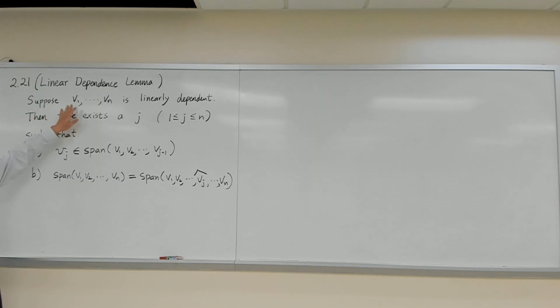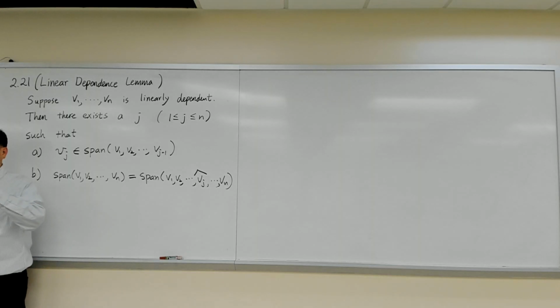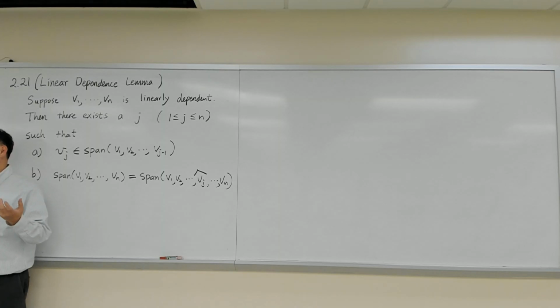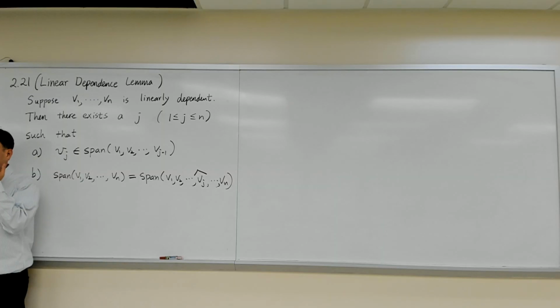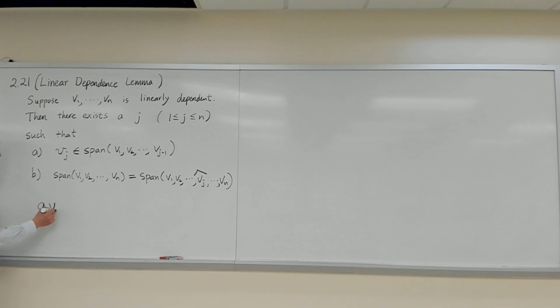So suppose you have a list that is linearly dependent. What does that mean? Although we had this intuitive definition, which is to say that one of the vectors is a linear combination of the other guys, the formal definition is not that one. Our formal definition is that there exist A1 through AN where this is equal to 0 and at least one of the A's is non-zero.